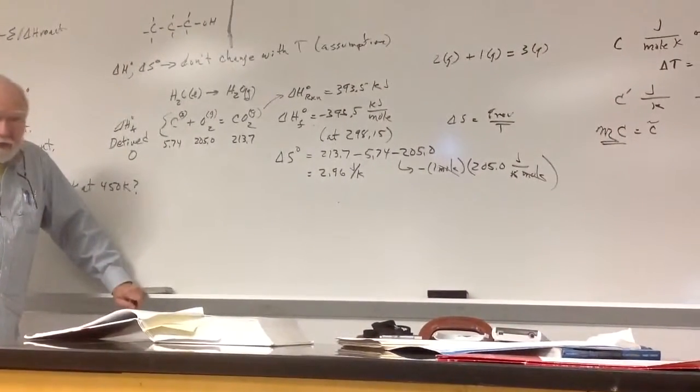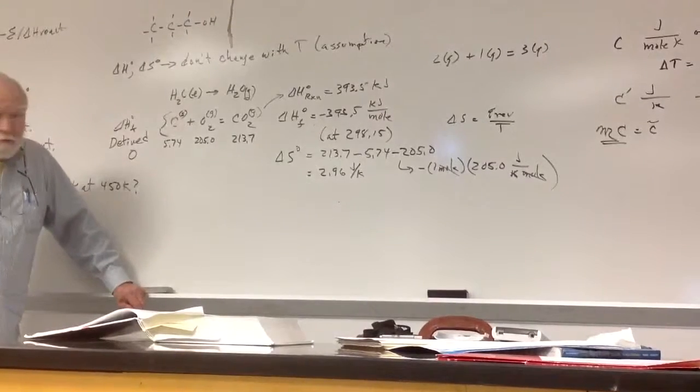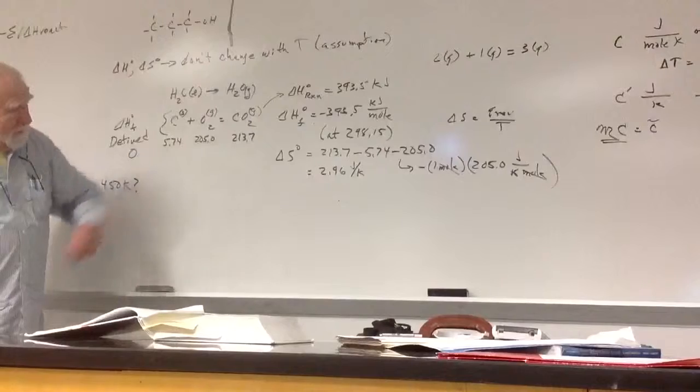Or if we're doing products minus reactants to calculate delta H for the reaction, you always have to put in the number of moles. So that's a good thing you asked.